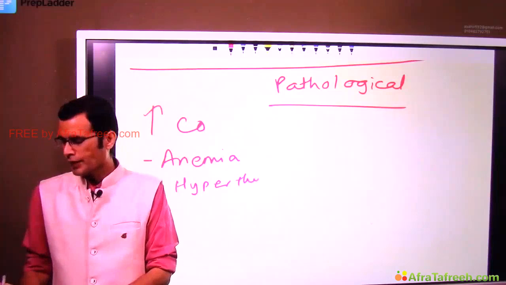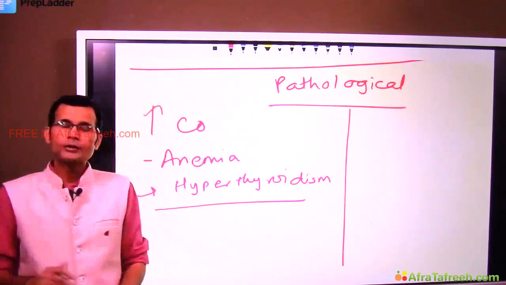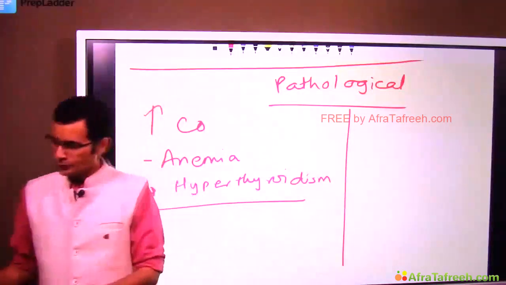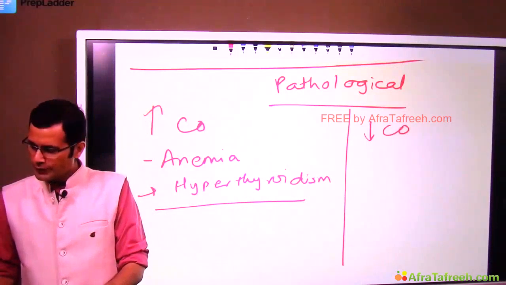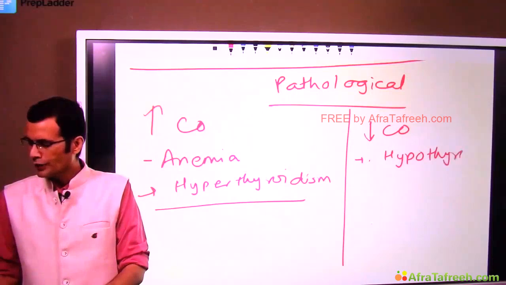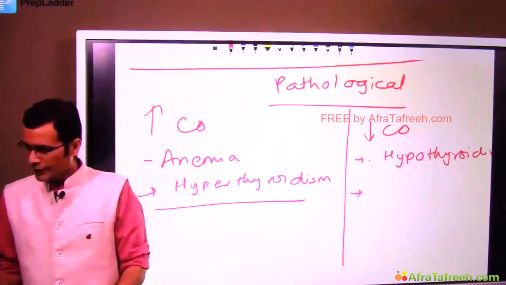Hyperthyroidism, again quite obvious to understand. Thyroid controls the BMR, so increased BMR, increased cardiac output. On the other hand, decreased cardiac output will be seen in what? Let's say myxedema or hypothyroidism, with a decreased BMR and decrease in the cardiac output.